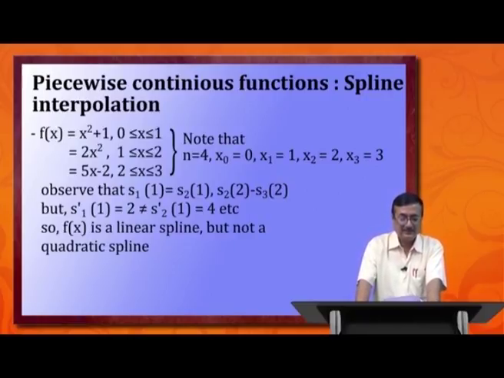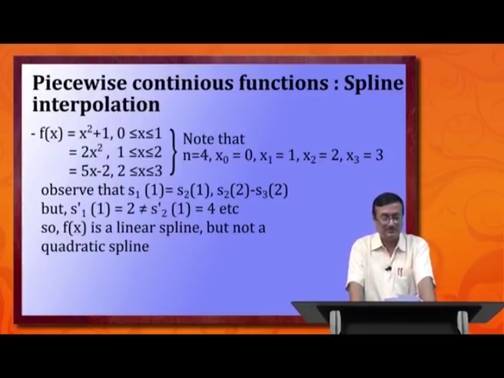Here the interval [a, b] is 0 to 3, n is equal to 4, x0 is 0, x1 is 1, x2 is 2, x3 is 3. We observe that S1 at x is equal to 1 is equal to S2 at x is equal to 1, and S2 at x is equal to 2 is equal to S3 at x is equal to 2.